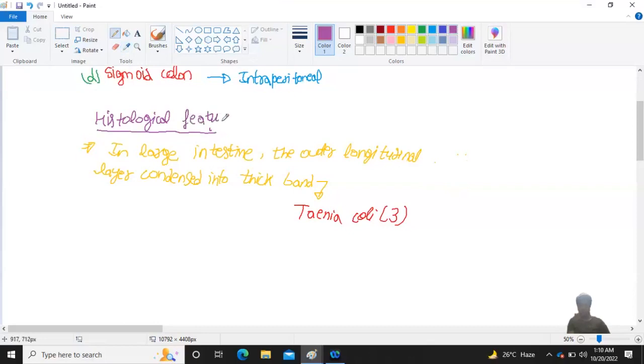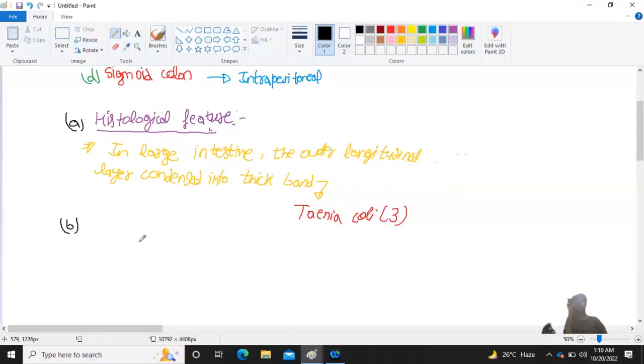These are features. Another feature: we can write that there are many haustrations and sacculations present in this large intestine.